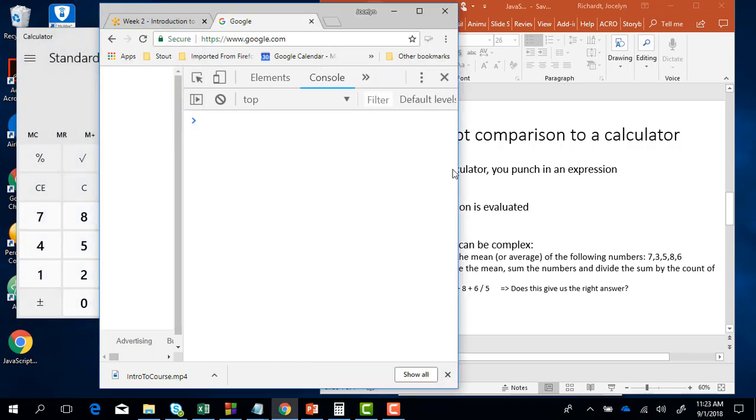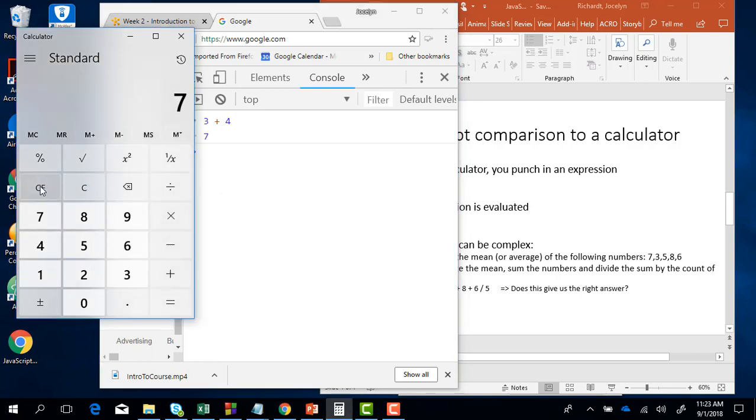And we can do the same thing, 3 plus 4, and we get 7. Let's take a slightly different example. What if we had 3 plus 3, and then we divided that by 2? Here you can see we've got the answer of 3.